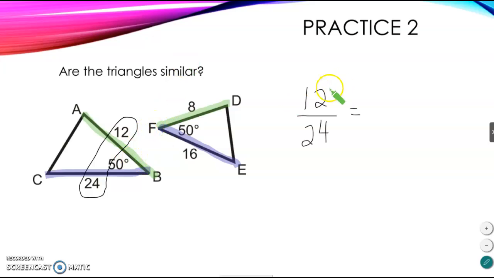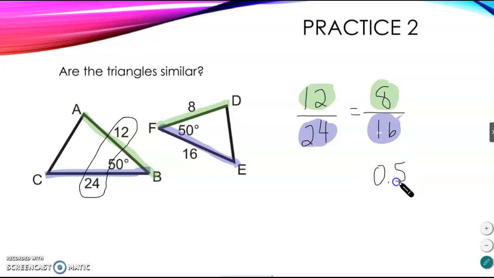Since I have 12 on top and 24 on bottom, I'm going to need to have the green side on top and the blue side on bottom of the smaller triangle as well, which is going to be 8/16. And 8/16 is going to be 0.5, and so is 12/24. And so that checks out. These two triangles are similar to each other because they have those corresponding sides that work out in the ratio, and they also have this angle with the 50 degrees there.